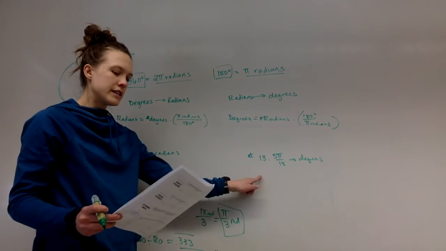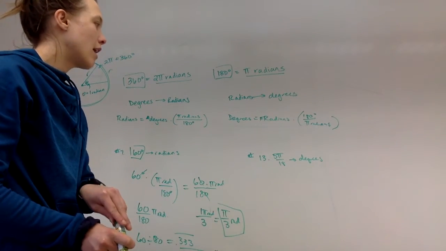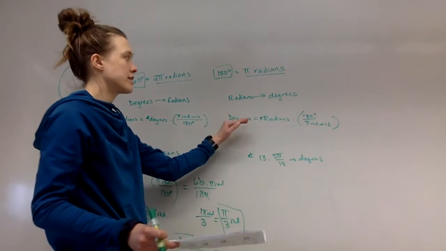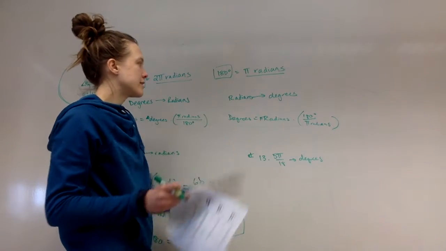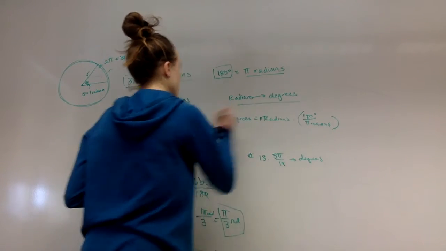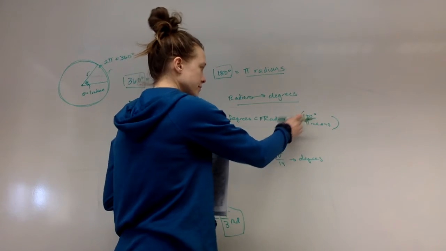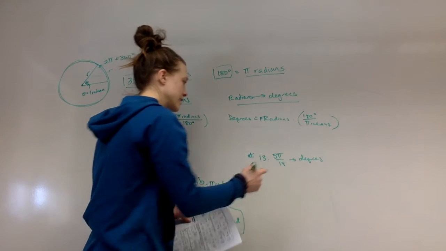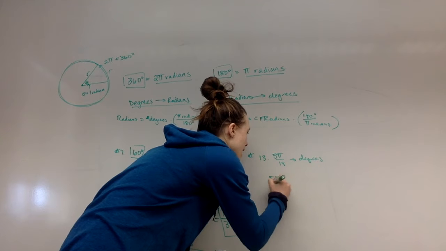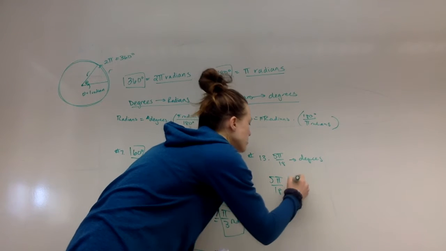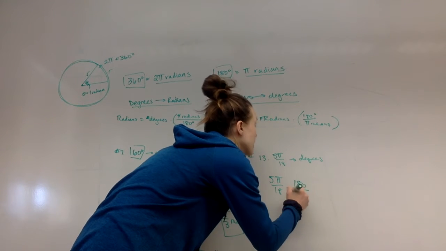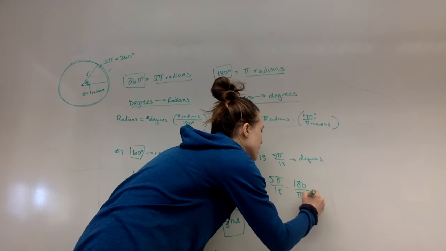So number 13 is an example of converting radians to degrees. So I'm going to use the second formula here, radians to degrees. So I take the number of radians times 180 over pi radians. So I've got 5 pi over 18 times 180 over pi radians.